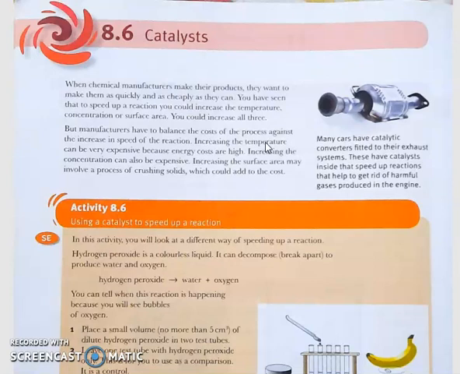Increasing the temperature can be very expensive because energy cost is very high, and increasing the concentration can also be expensive, and increasing the surface area may involve crushing solids, which could add to the cost.